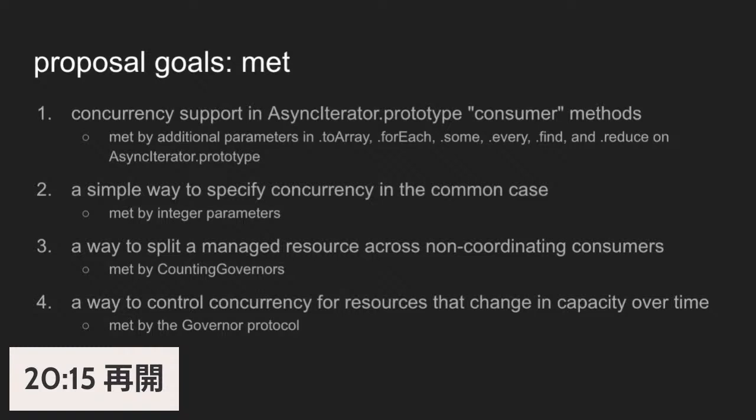But TC39 doesn't have these types of APIs, right? And Node.js has these types of OS APIs. So I would like to know how to collaborate the Node.js APIs and governor protocols.